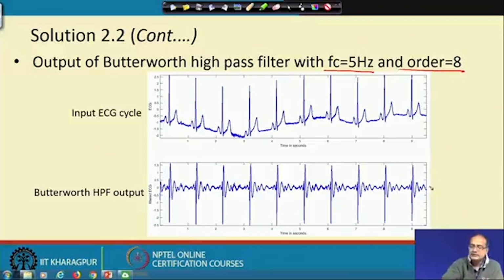We again get a stable filter, and it is successful in removing the baseline artifact, but the signal distortion is too high. Because of the loss of the input signal energy between 0 to 5 hertz, this filter is unusable for baseline artifact removal.